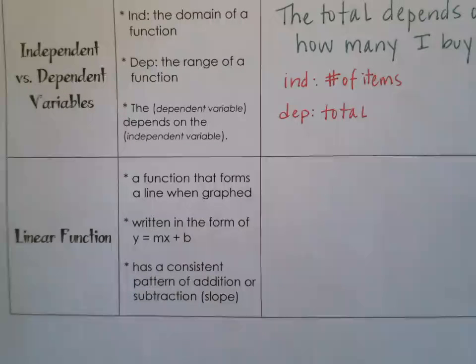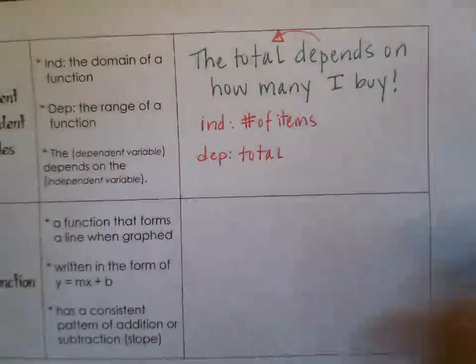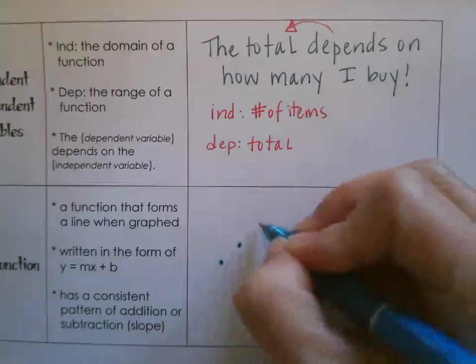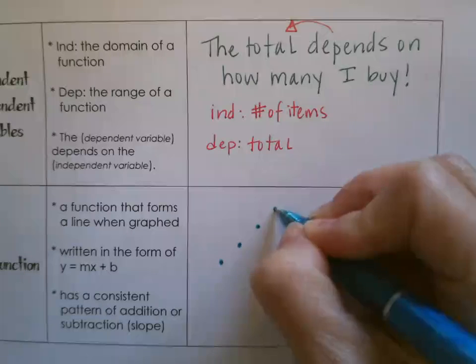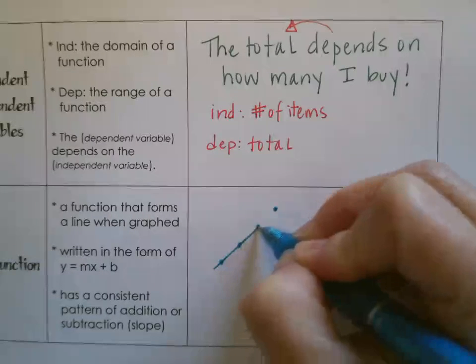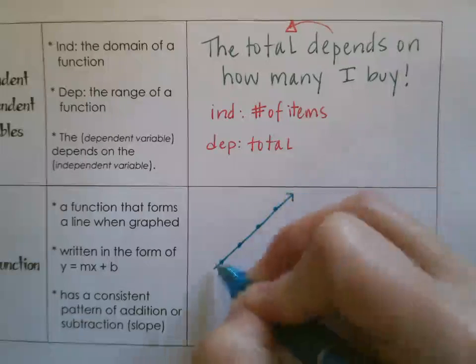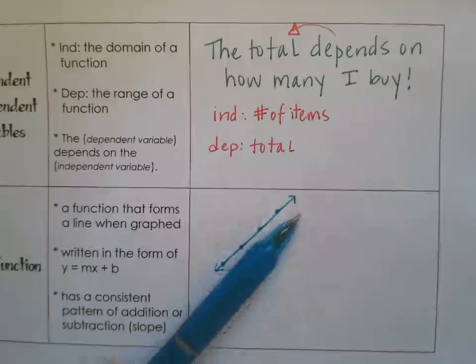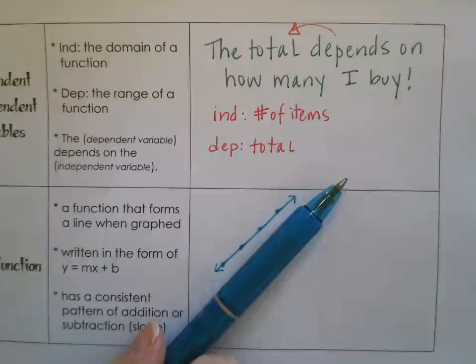So if you think about graphing a line, I'm just going to do some dots. This is what's going to be a linear function, because as I connect these points, those points fell in a pattern, and that's why I was able to make a line.